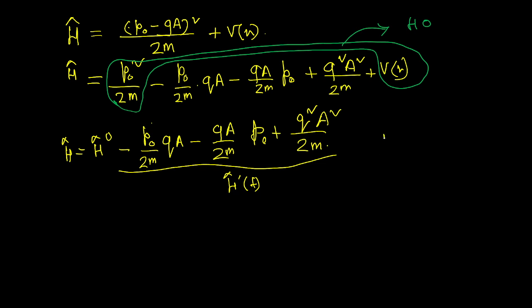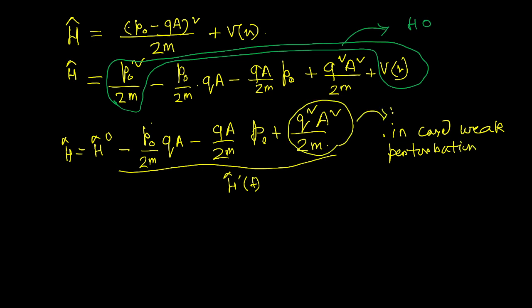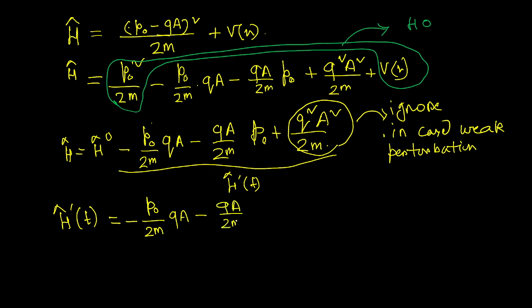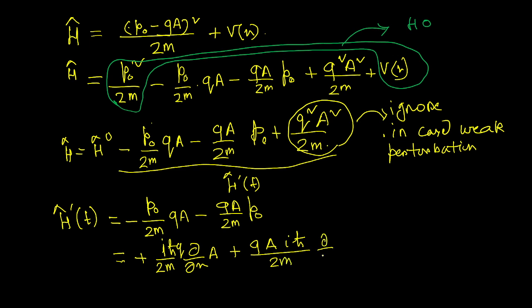Now in case of weak perturbation, we can just ignore this term, so we are left with this. The expression of P0 is nothing but minus i h cut d by dx of A, d by dx.